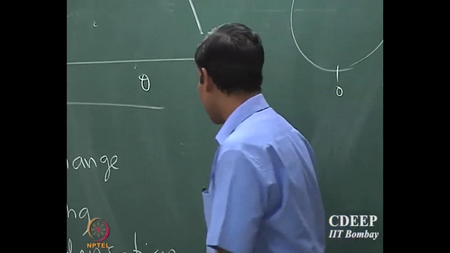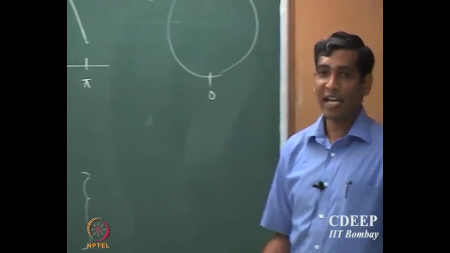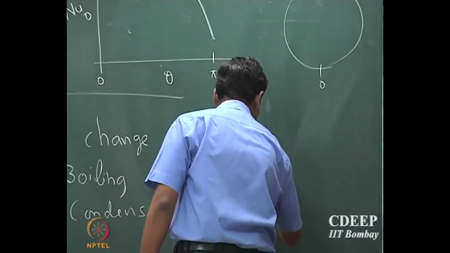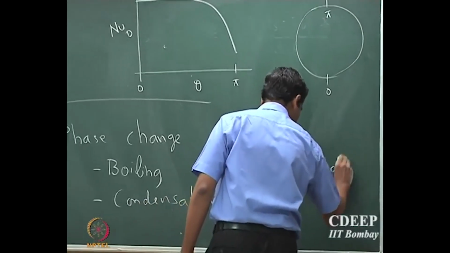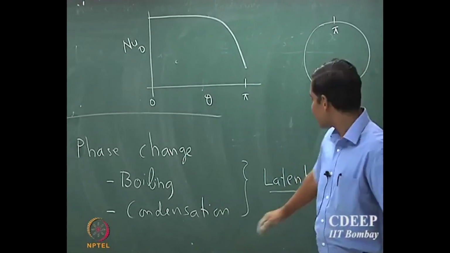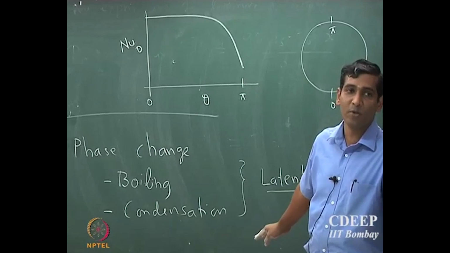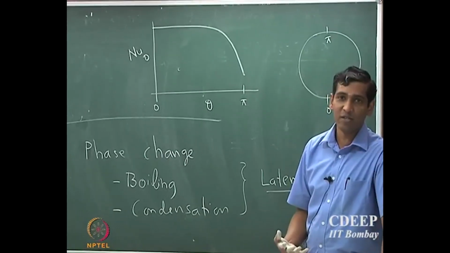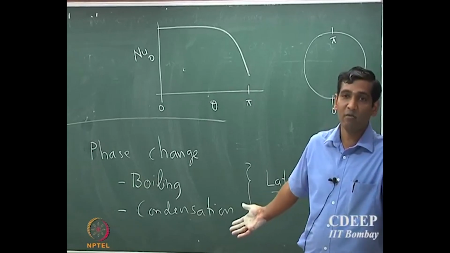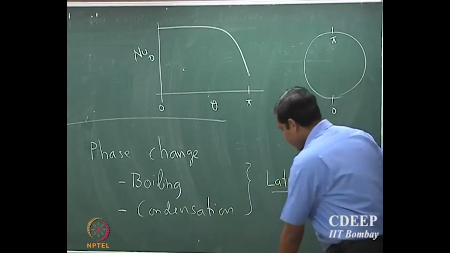So the nature of the heat that is left or taken up by the fluid is the latent heat. We are going to start looking at when latent heat plays an important role in the transport processes. How do these analyses change, what is the nature of the correlations that we are going to get, and what is the nature of the solutions that we are going to get? So that is what we are going to start in the next lecture.